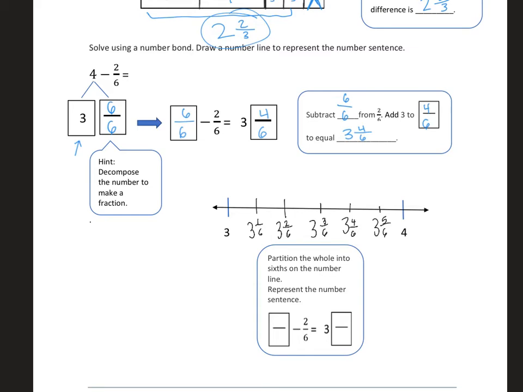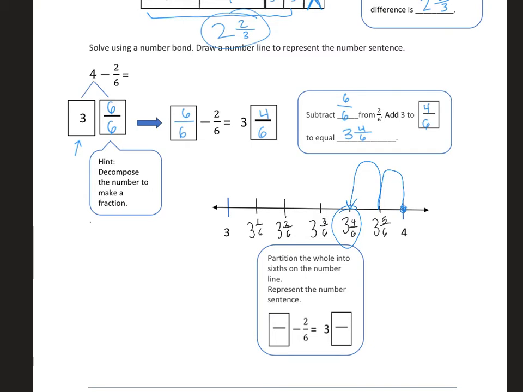So we're going to represent the number sentence. 4 minus 2/6 is going to give us 3 4/6, okay? So I'm going to start at 4. I'm going to jump back 2/6 because that's what I'm subtracting. So 1, 2, and I'm going to land at an answer of 3 4/6.